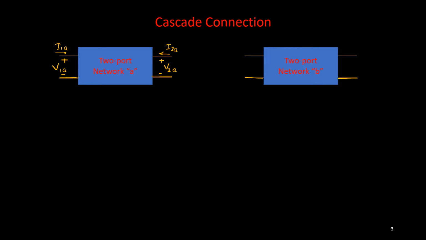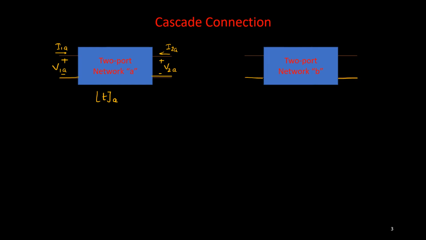We can define this network by its T parameters, suppose TA. All the 4 parameters, this is a matrix, 4 elements are there, so in short we write TA.